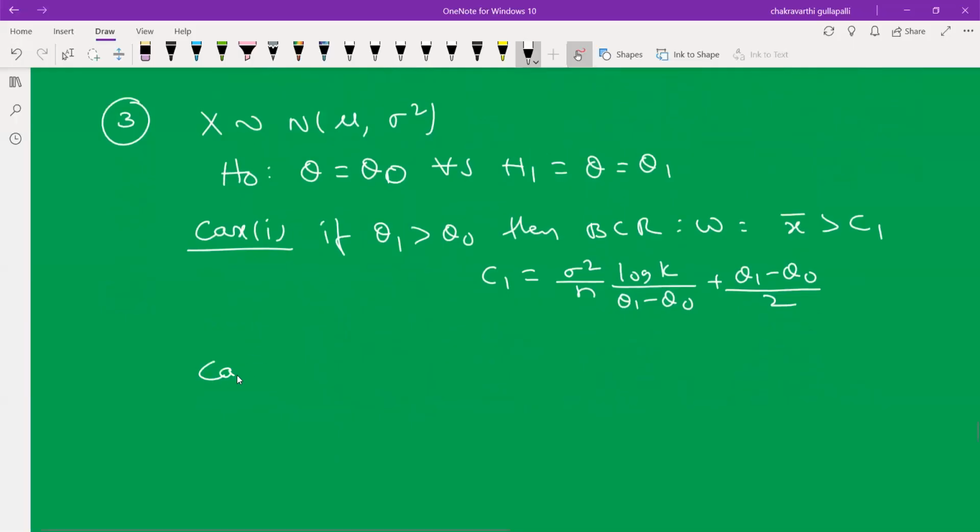Case 2. If theta 1 is less than theta naught, then the BCR W is equal to X bar less than C1.